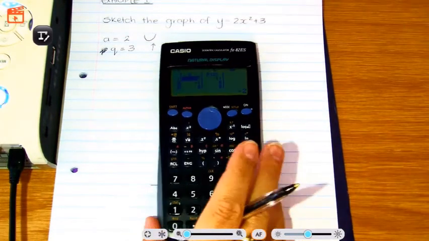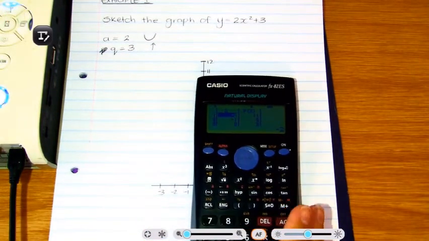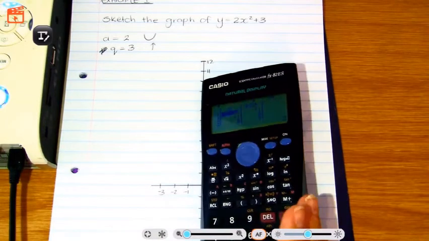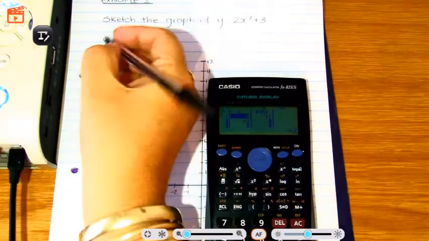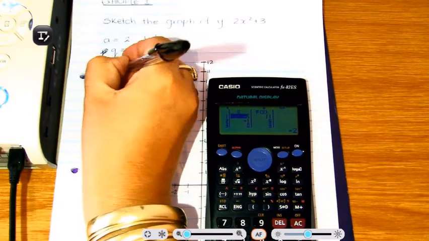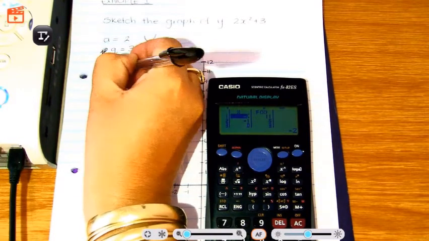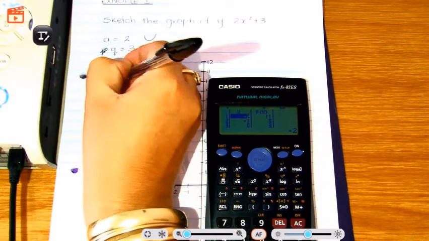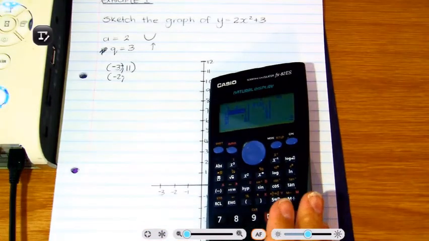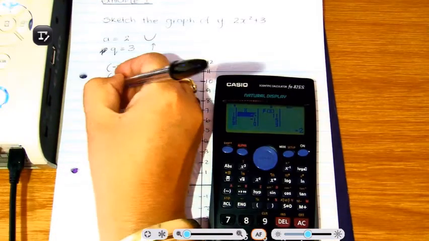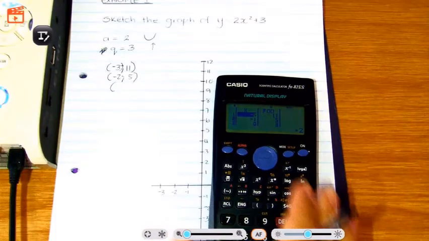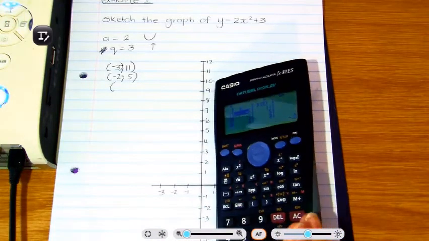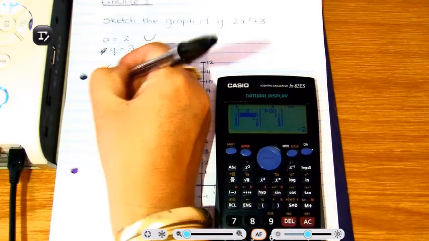And what I'm going to do is I'm just going to rewrite the coordinates here. I've actually made a mistake there, sorry, excuse that.